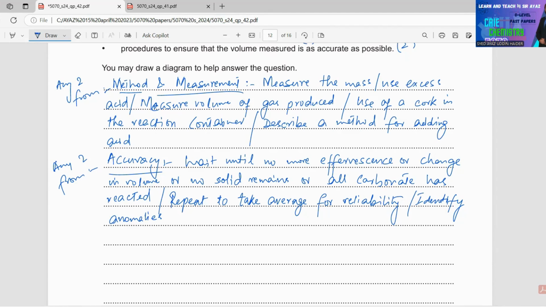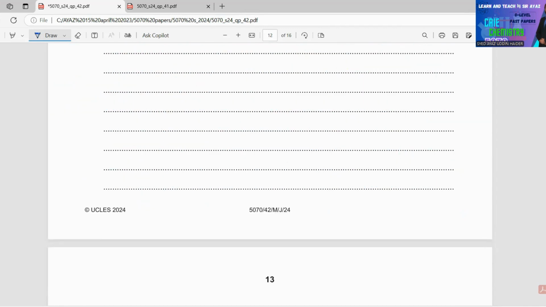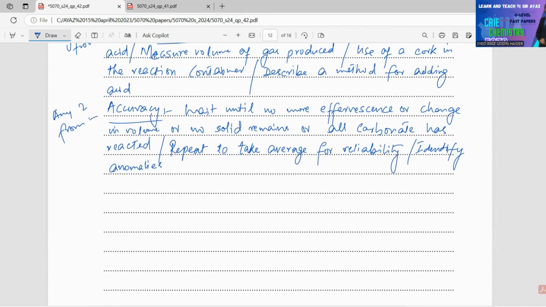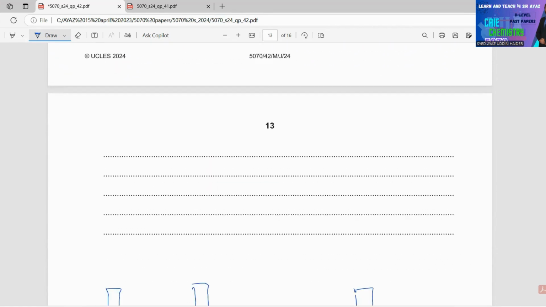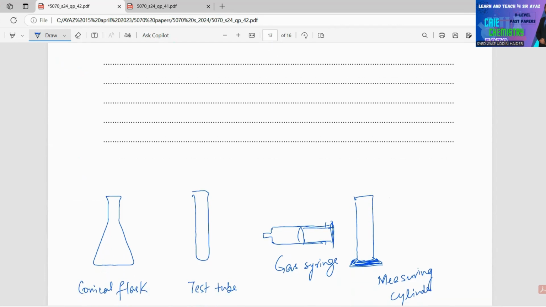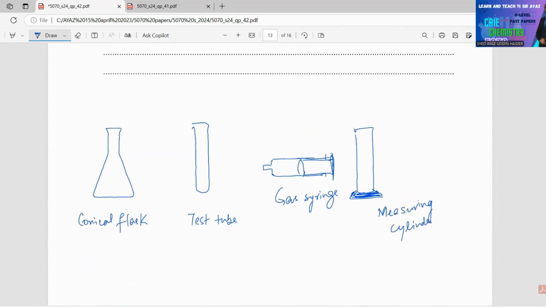In order to get an accurate result, you have to wait until no more effervescence or no more solid remains. You repeat to take an average, making it more reliable, and identify anomalies. And then you have any two from the diagram. Any two from these. In this way, you can gain the full 6 marks.